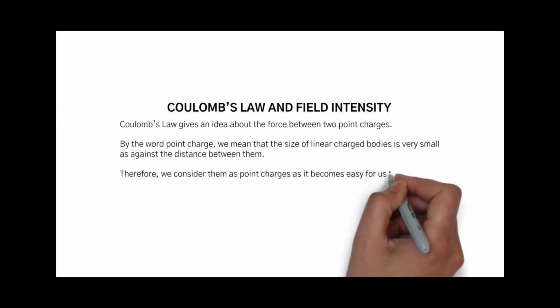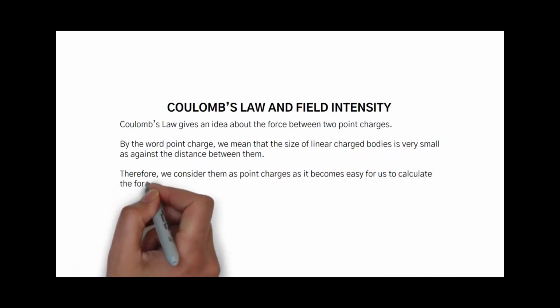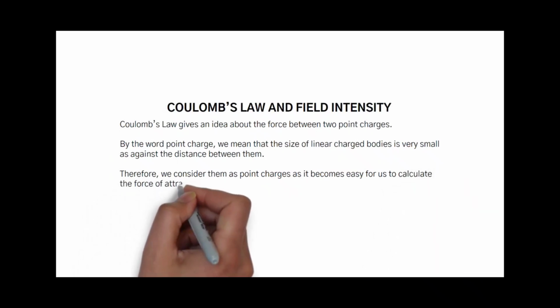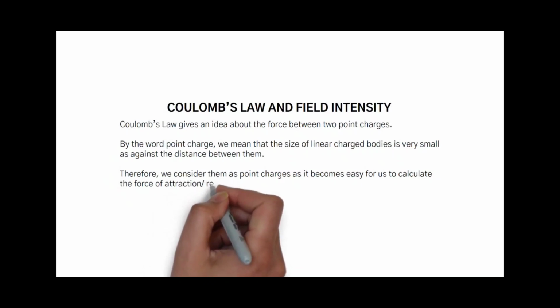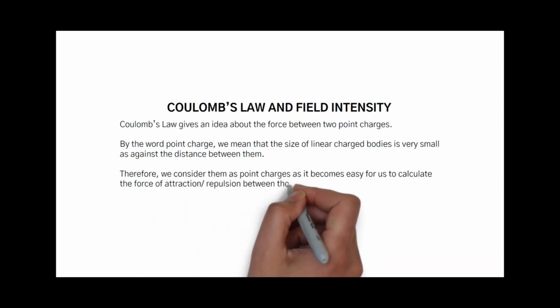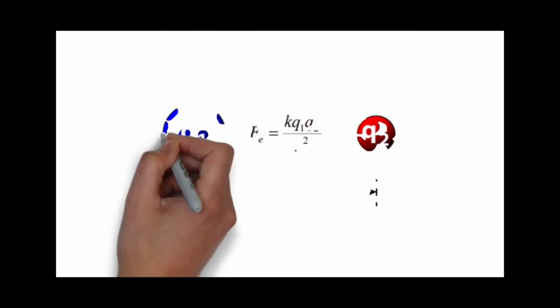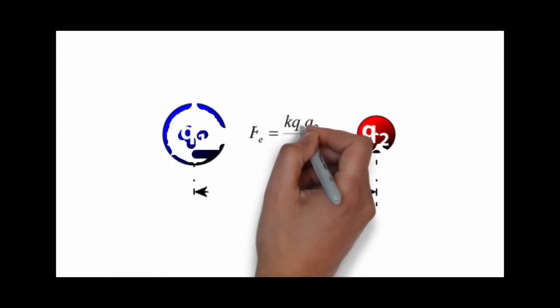Now, we look at the figure in which there are two point charges and the distance between them is r. There are two charges q1 and q2 and the distance between the charges is represented by r.